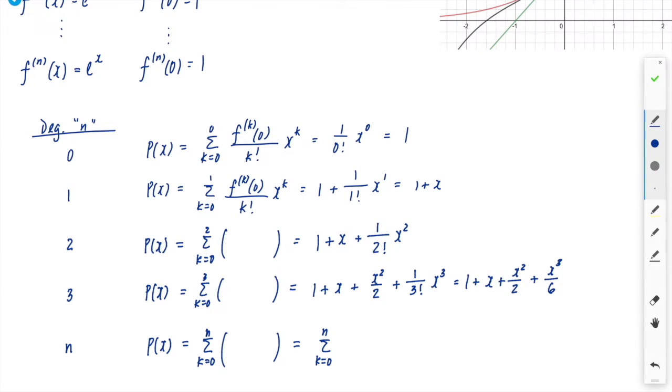So I can simplify that as 1 over k factorial times x to the power of k. This gives you a finite sum that approximates the function that we have, which is y equals e to the power of x. So now let's revisit this graph here.